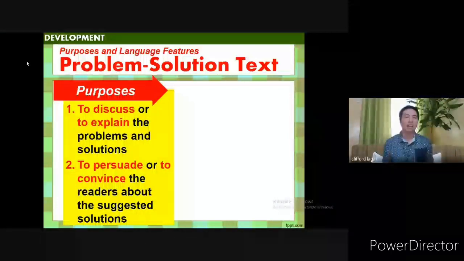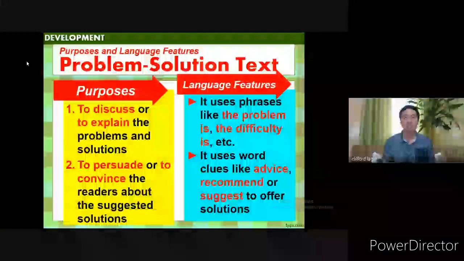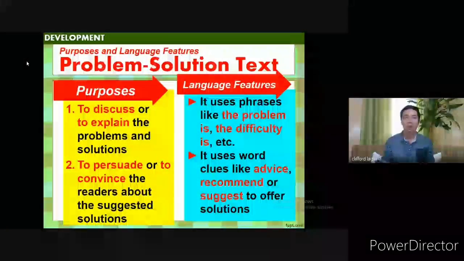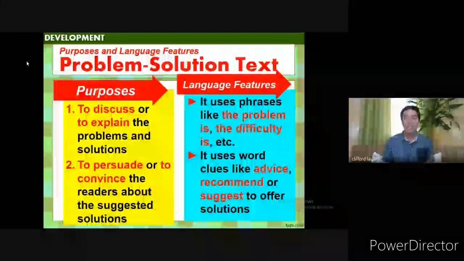So we can tell clearly if a paragraph or a text is a problem solution text type if they have the following language features. Number one, of course, it uses phrases. So these are the word clues, like the problem is, the difficulty is, and the challenge is.